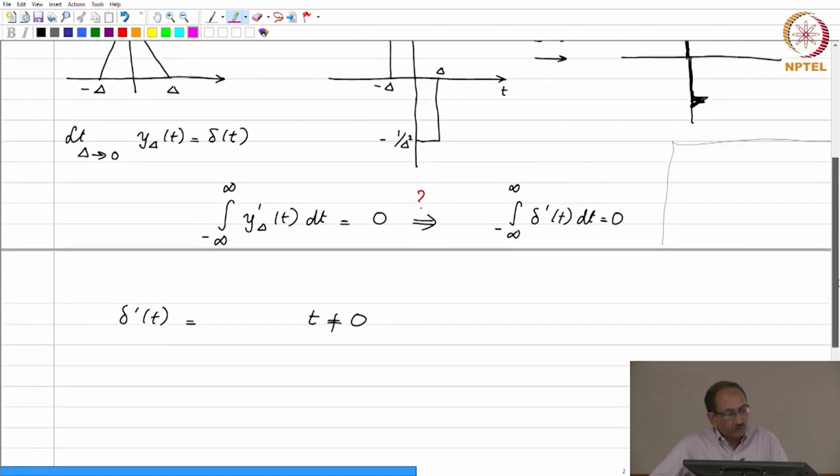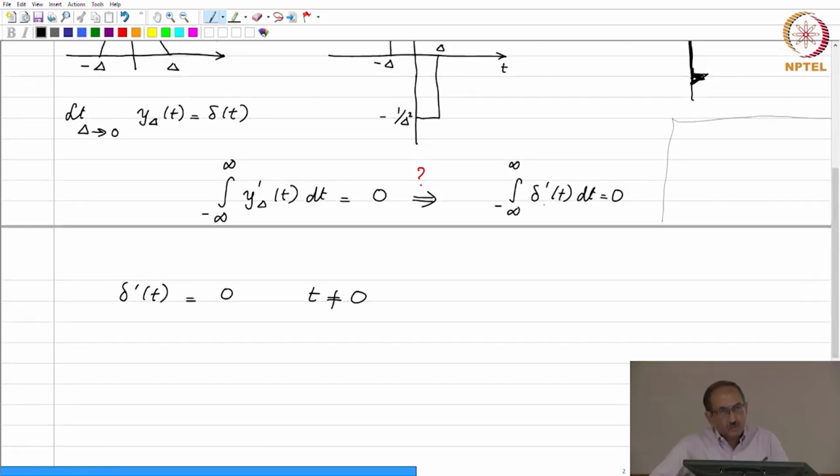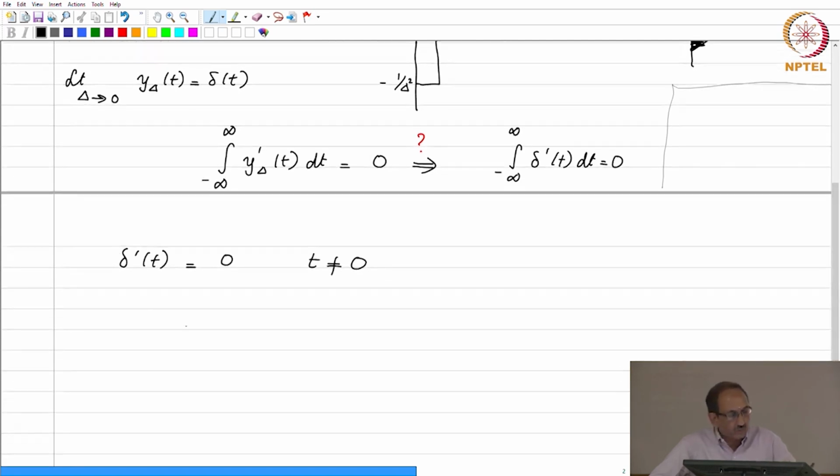So what can you say about delta dash of t whenever t is not equal to 0? It is 0. So it looks like the area under delta dash of t is 0, and delta dash of t is 0 for t not equal to 0. Seems reasonable based on what we have looked at so far.